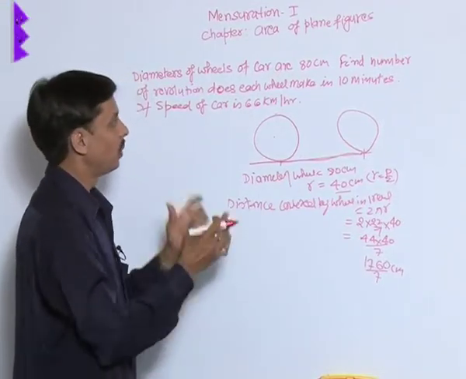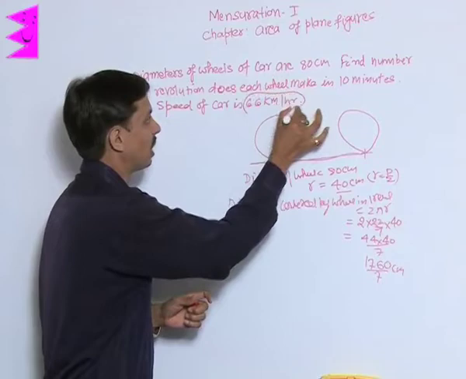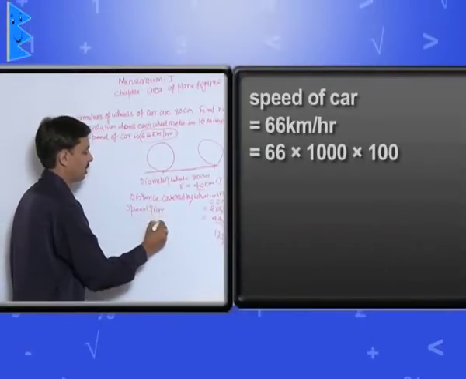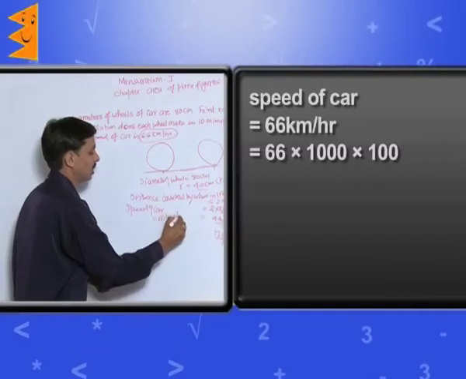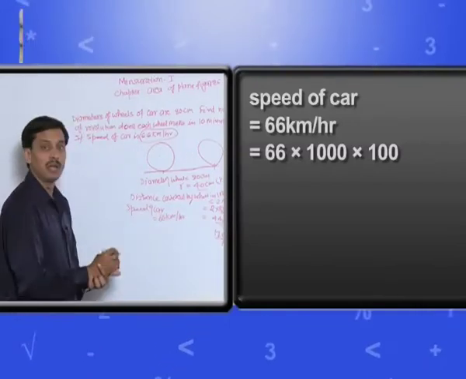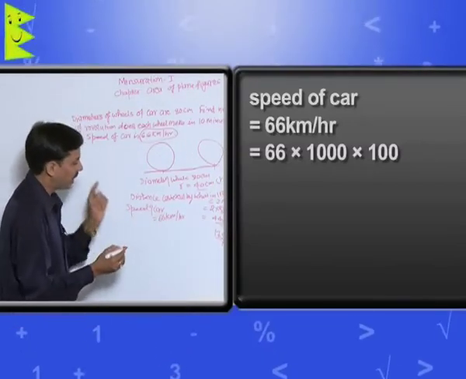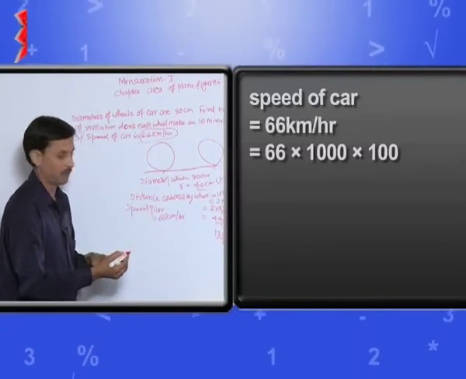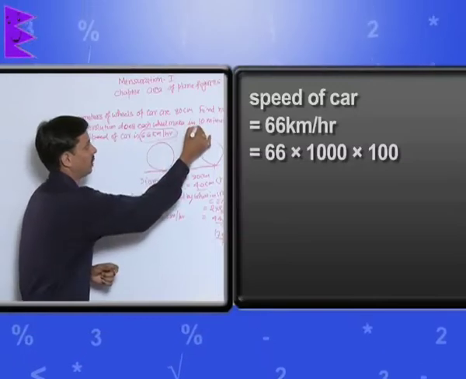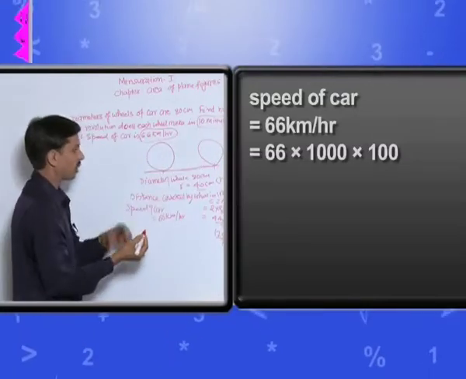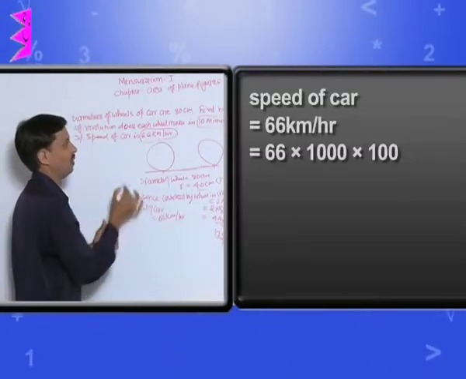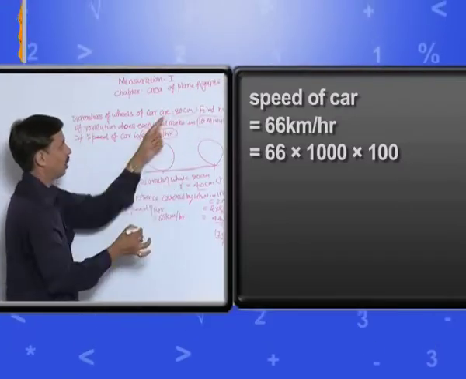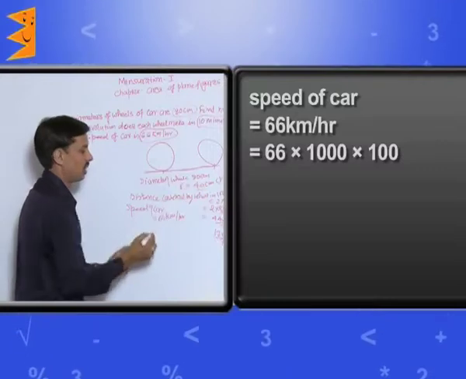Now the question is, what is the speed? Speed of the car. We say speed of car is how much? 66 km per hour. If speed is 66 km per hour and I want to convert this speed in centimeter per minute, because here time is given in 10 minutes for calculating the number of revolutions, and the unit of the length or the unit of diameter is in centimeter.